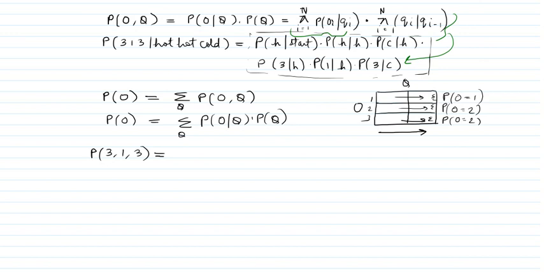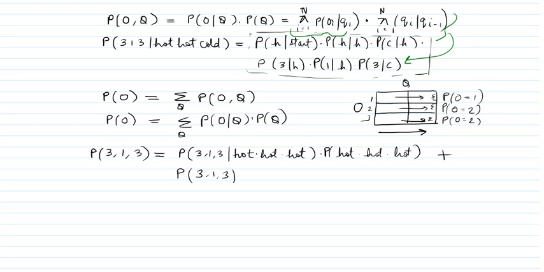So we can write P of 3, 1, 3 given hot dot P of hot, right, plus P of 3, 1, 3 given some other sequence of states dot P of the same sequence of states.